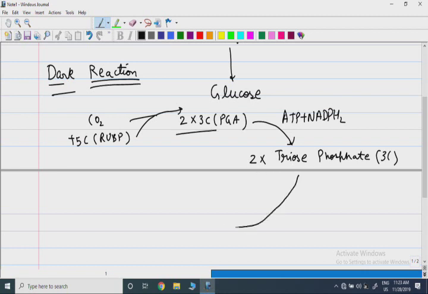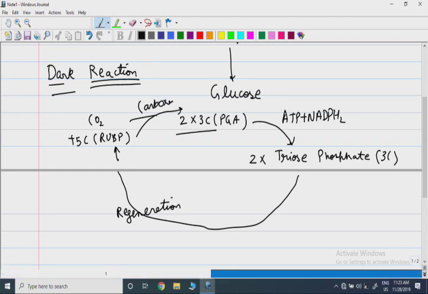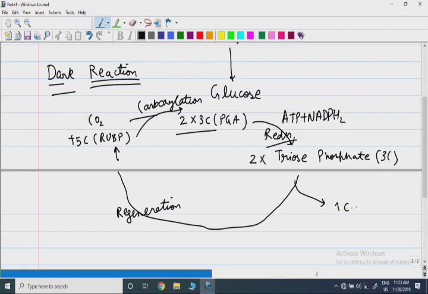Now we regenerate RuBP, regeneration of RuBP. This is carboxylation, and this is reduction. So these are the 3 basic steps of dark reaction or light independent phase, and from this you extract 1 carbon which is in reduced form.